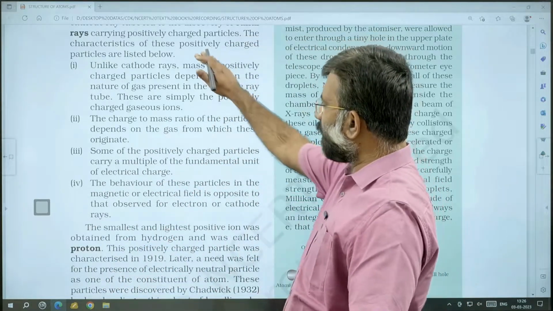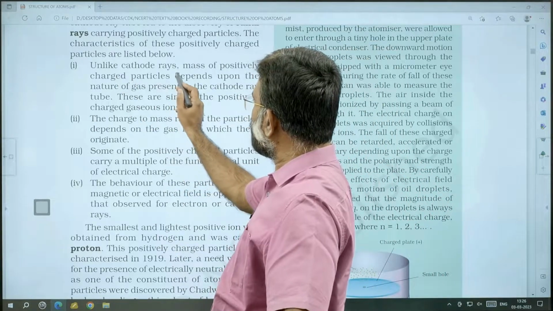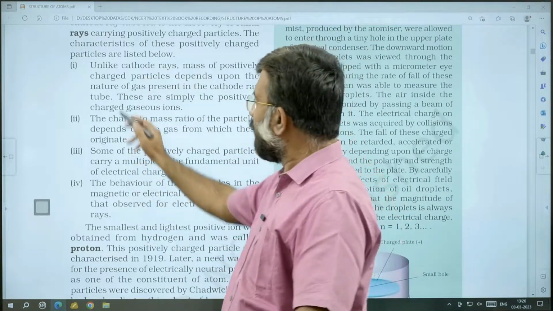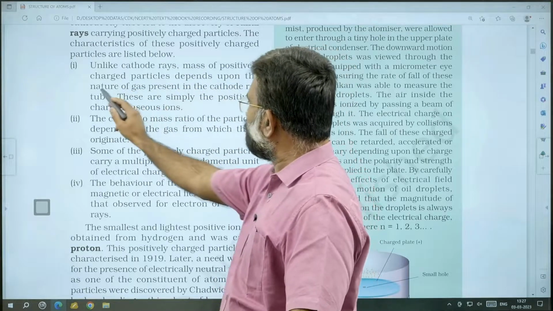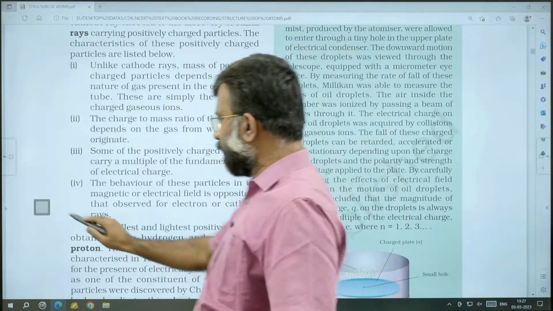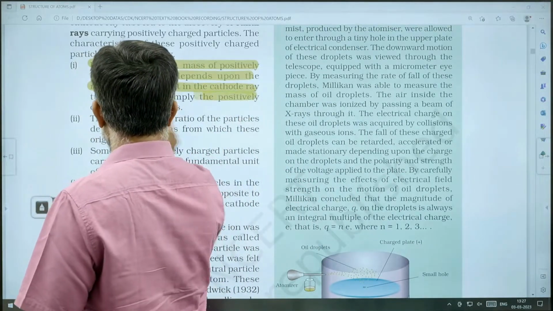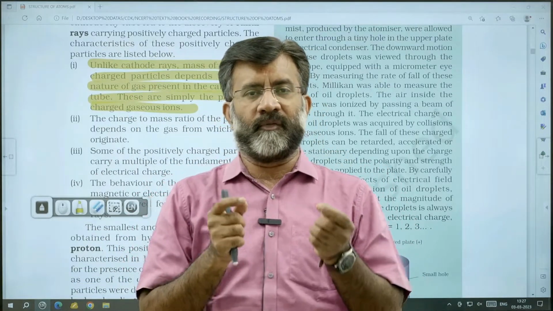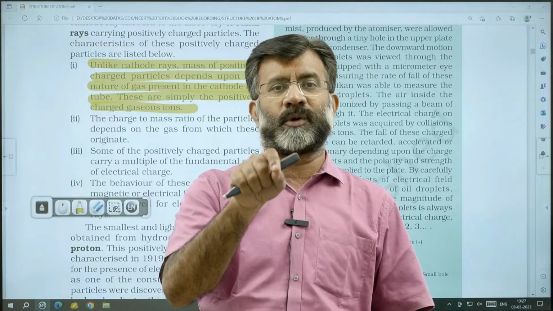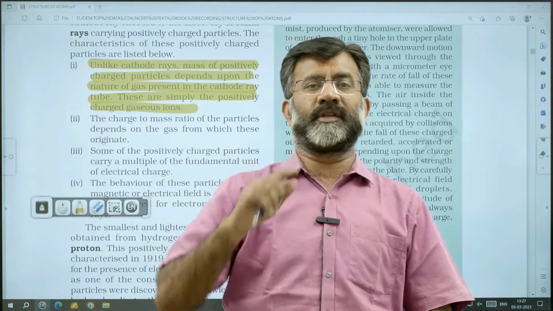And the characteristics of cathode rays are very, very important. Unlike cathode rays, the mass of positively charged particles depends on the gas used. There we said cathode rays are independent of the electrode used and gas used, while anode rays, protons, depend on the gas that you use in the CRT tube.